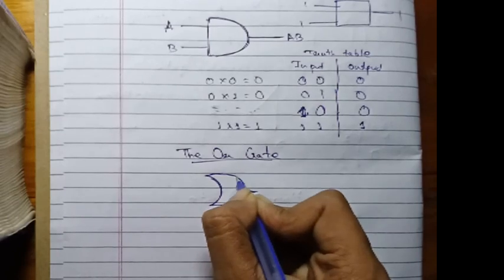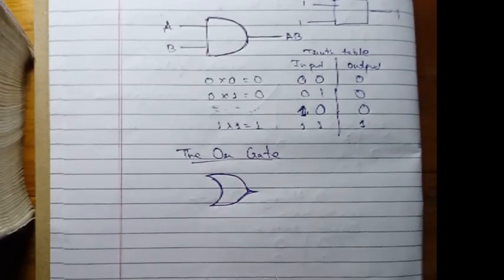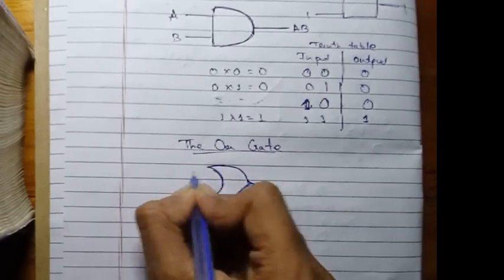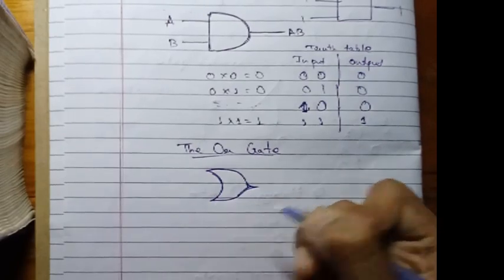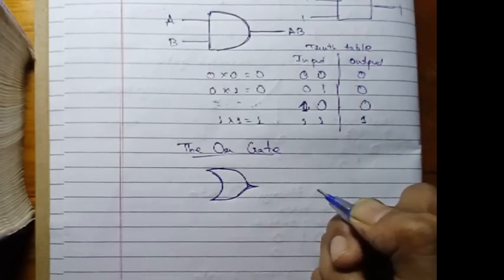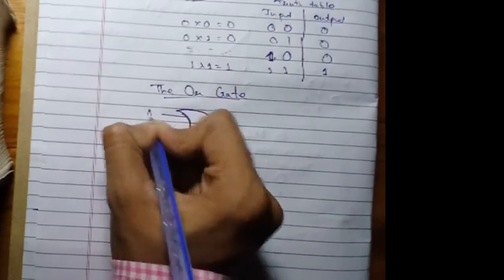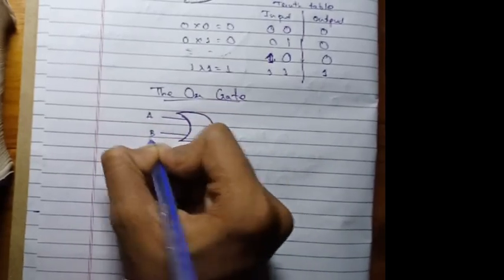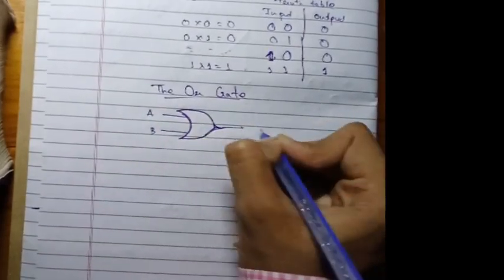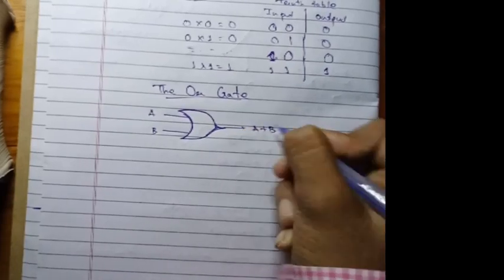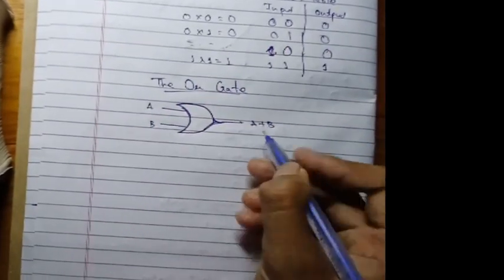It is the OR gate. Let me check, actually it's correct. Here A, here B. They are both its inputs, and the output will be A plus B. It is not the arithmetic operator functioning like this.